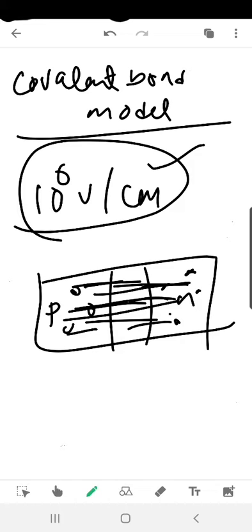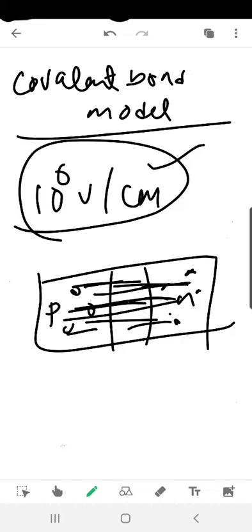The width of the depletion region will increase if the doping is light. How will it increase? Because in the case of light doping, the recombination rate is slow. If the recombination rate is slow, the free electrons from the n side will cross the junction and move to the holes at the p side before they recombine.